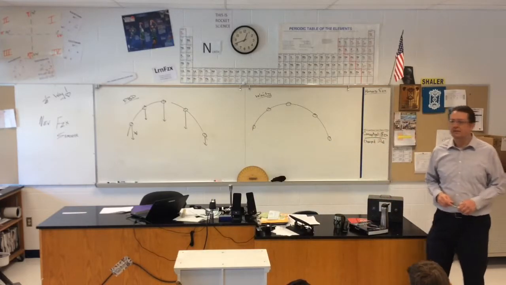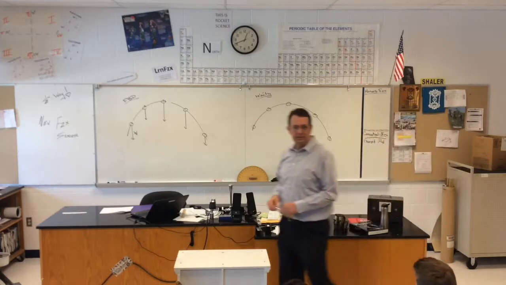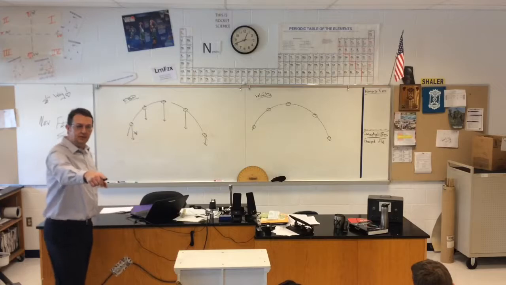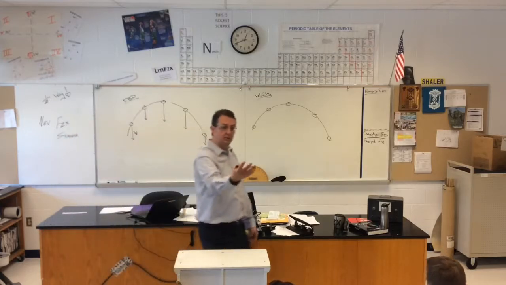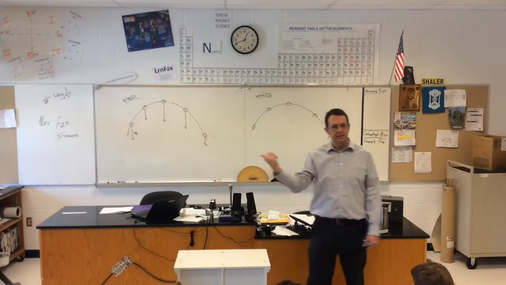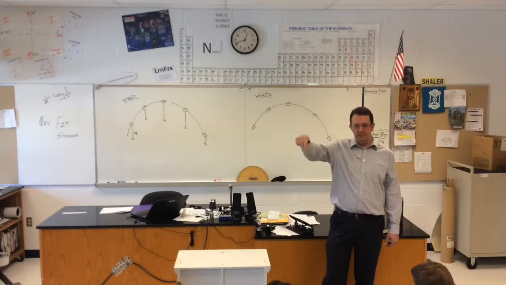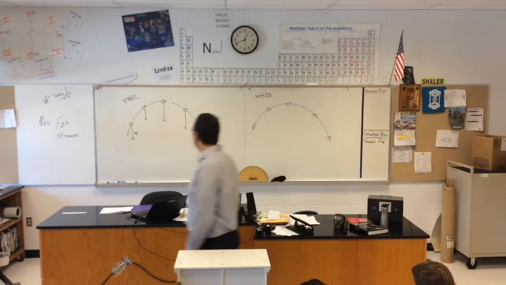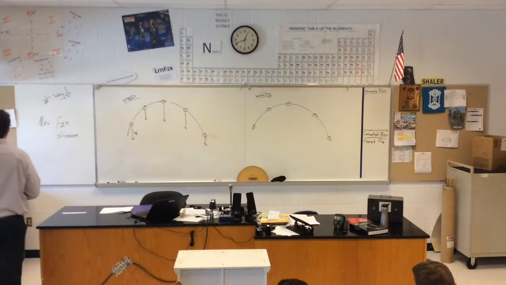The weight's constant throughout. Weight's constant, which means what? They would all be equal. Same magnitude. Would they be the same direction as well? Same. So using good terminology, can you say that those things are all equal to each other? Yeah, same size, same magnitude, same direction. So every single one of those should be exactly the same size.